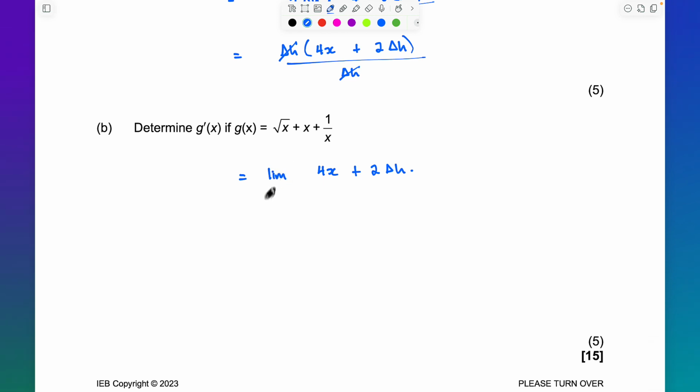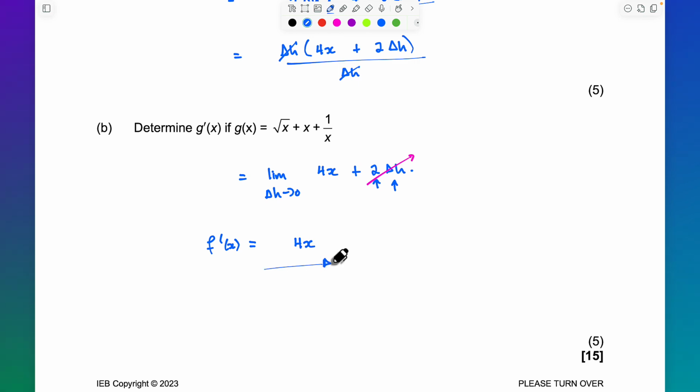So our limit as delta H tends to 0 means that H is so small that we can actually just assume that it's 0. So when your 2 multiplies by that 0, this actually goes away. The only thing that you have left in your equation is just 4x, and that is our derivative.